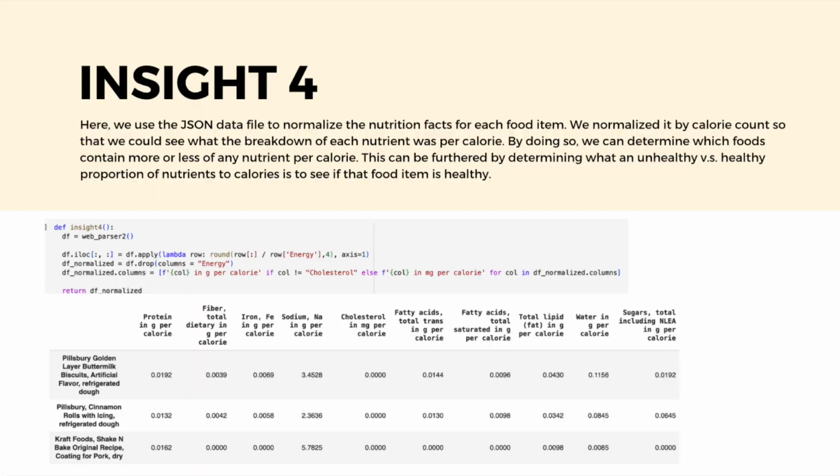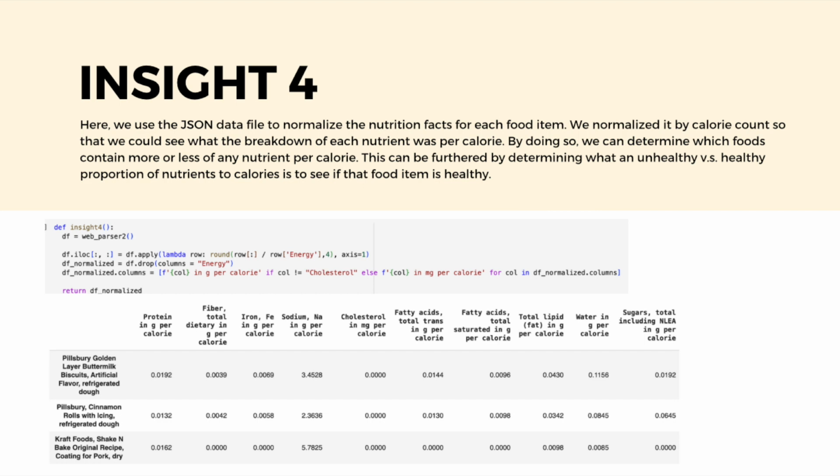For Insight 4, this approach involves normalizing the nutrient content of various food items against their calorie count. So we used the JSON data file for detailed nutritional information, and by calculating the amount of each nutrient per calorie, we're able to compare the nutrient density of different foods, regardless of their total calorie content.